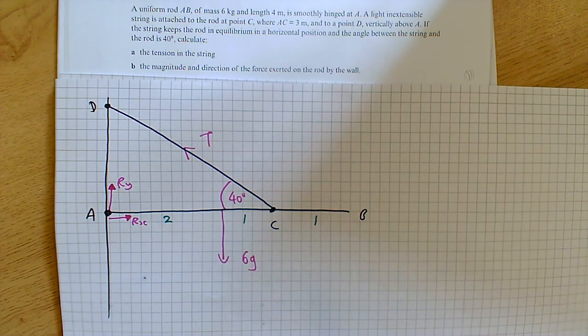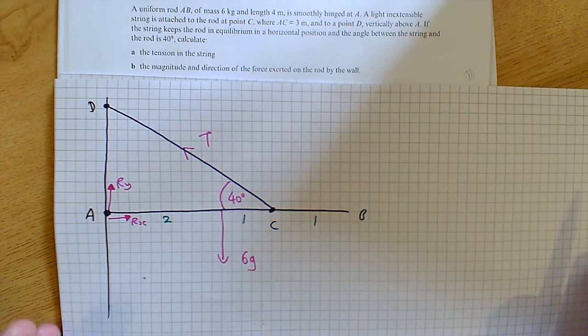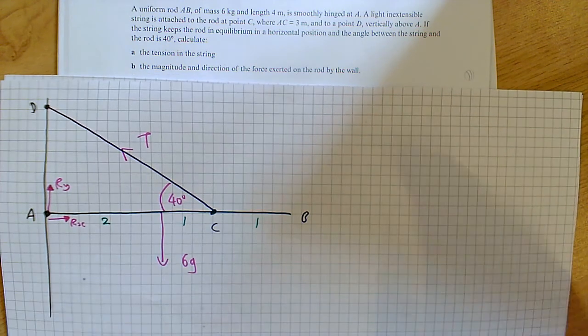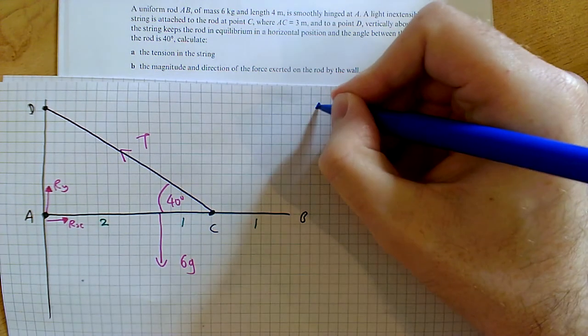Okay, so let's have a look here. We've got the same options: we can resolve vertically, we can resolve horizontally, and we can take moments. Let's just do them one at a time. If we're not sure what to do, it doesn't matter the order we do them in, and we get some equations.